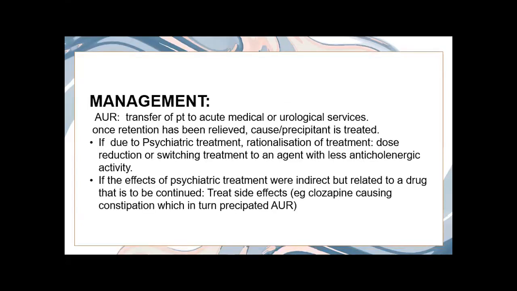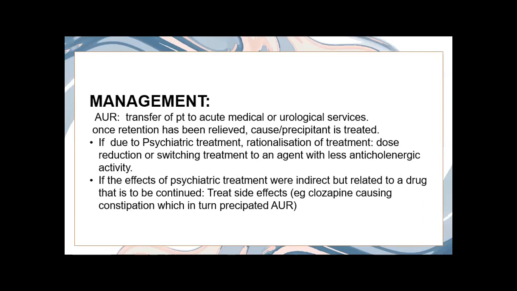Management of acute urinary retention. The patient has to be transferred to acute medical or urological services. Once the retention has been revealed, we have to treat the cause or precipitant. If it is due to psychiatric treatment, rationalization of treatment may be used, which may be drug reduction or switching treatment to an agent that is less anticholinergic.